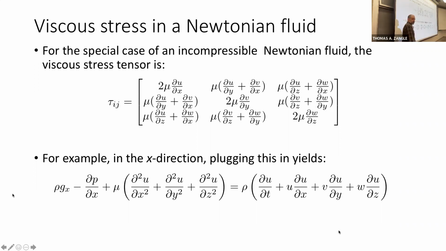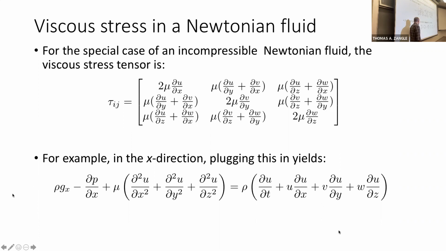This I definitely do expect you to know. We have again our gravitational force. Generally, Gx is 0, right? The x component of gravitational force we normally assume is 0, minus dp dx, right? The derivative of pressure in the x direction, plus mu. Remember, this is our Newtonian fluid viscosity from day 1 or 2.